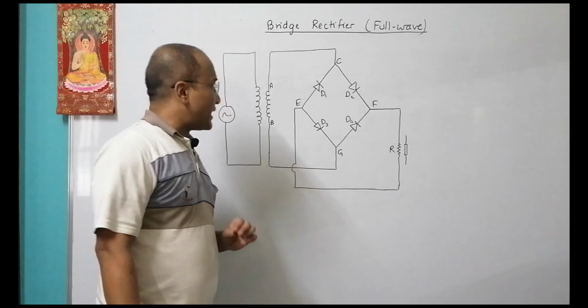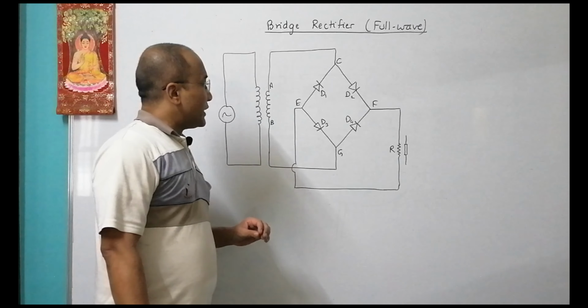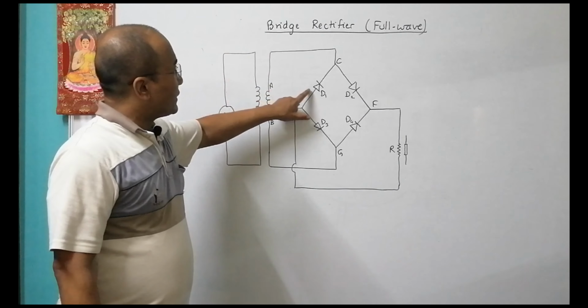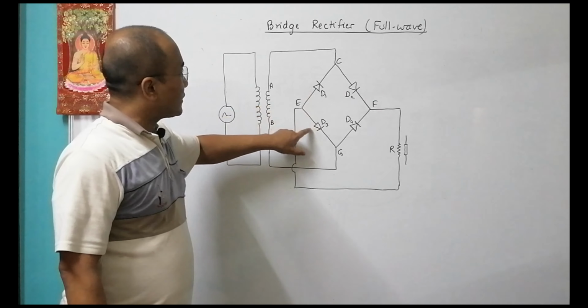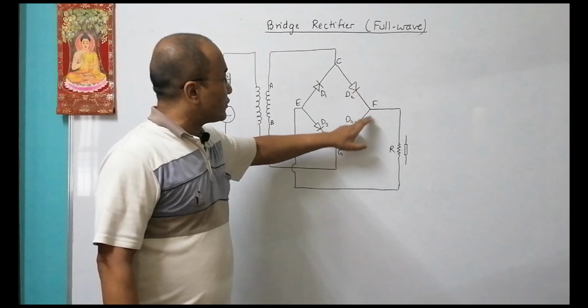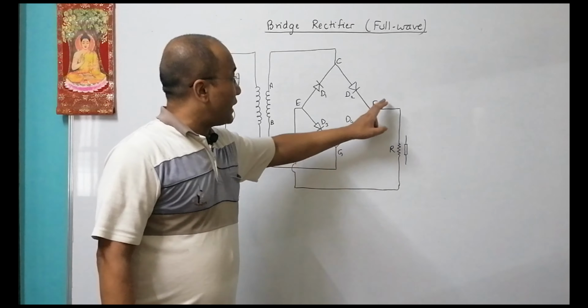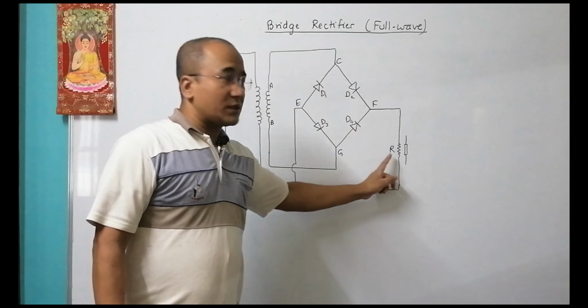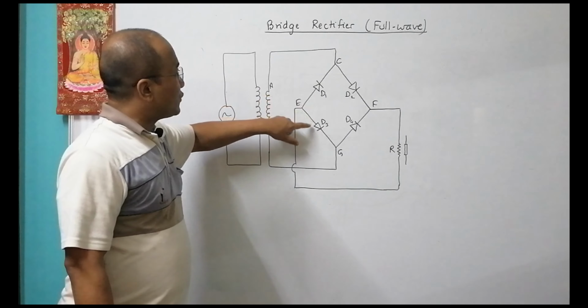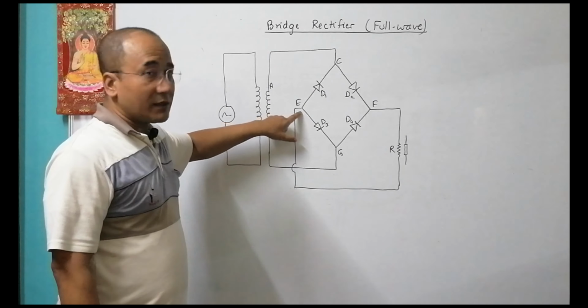The diodes are arranged in such a way that the p sides of these diodes connect to a common point. The n sides of these diodes connect to a common point, and those two common points connect across the resistor. Let me repeat the language there. The p sides of two diodes are commonly held at a point.